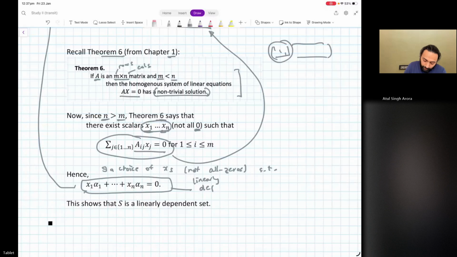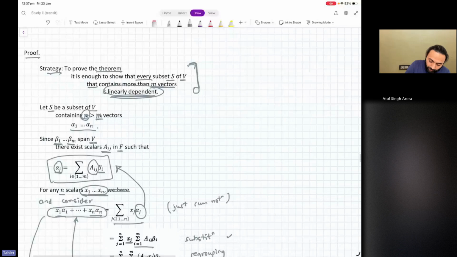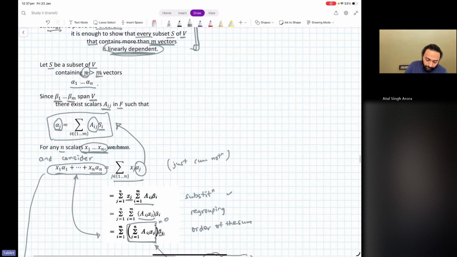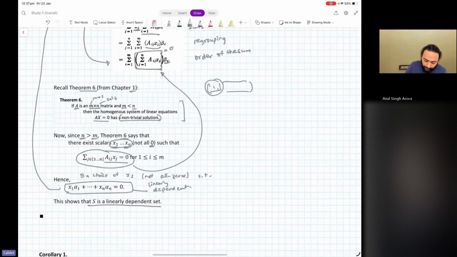All right. So what have we concluded? We've concluded that if you have a set with strictly more than m vectors, then they have to be linearly dependent, right? That's essentially what we proved in general: that the set S is linearly dependent.